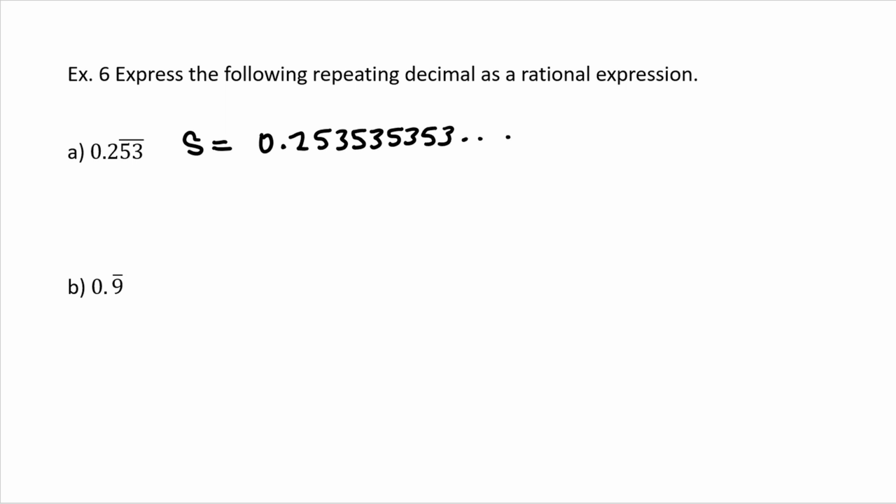Now, to begin this problem, I'm going to multiply that entire S through by a factor of 1,000. So 1,000 times S is, and when you do that, you move the decimal place over 3 spaces. So the numbers become 253.535353.